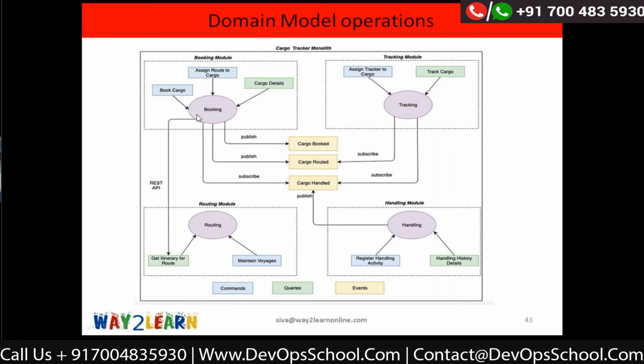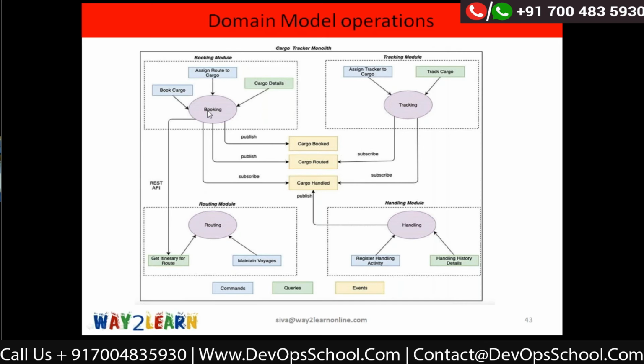a booking module will make a REST API call to the routing module to get the itinerary for the route. So who is actually giving the itinerary? The routing module. So whenever assign route to cargo is called on the booking module, it will make a REST API call and get the itinerary.